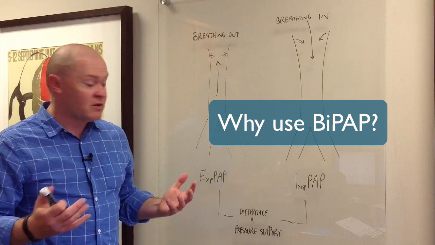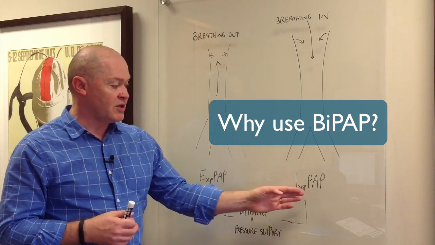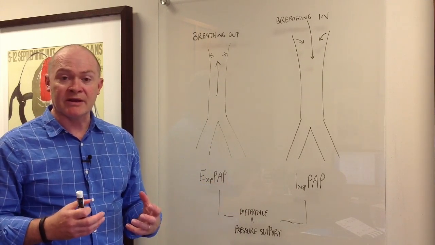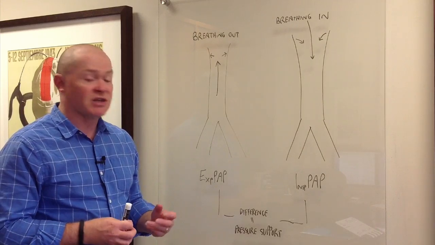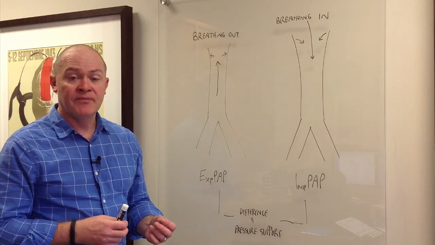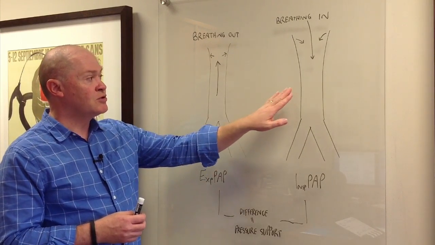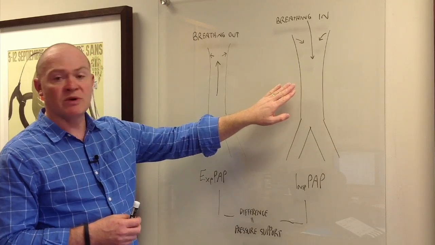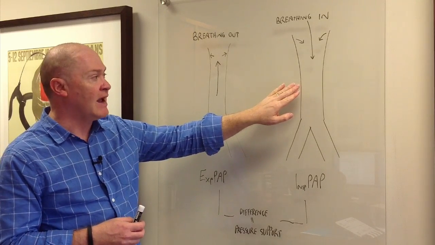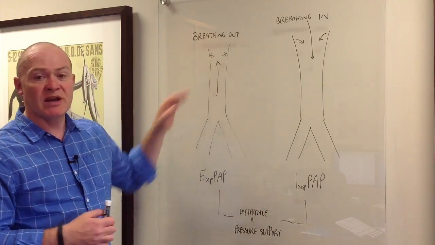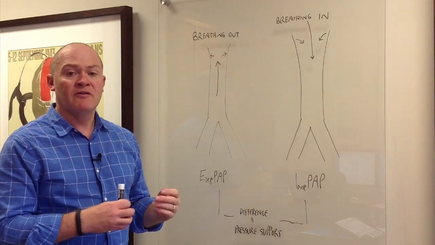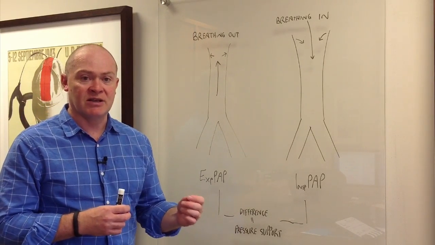So why actually bother? Why look at expiratory pressure, inspiratory pressure and make it more complicated? Well, there is some data suggesting it's a bit more comfortable for patients. So if we're setting the pressure most of the time to be able to cope with this, where the airway is most vulnerable to collapse, as we go to breathe out, we're going to feel the strength of that pressure and find it a bit harder to breathe out against that resistance.